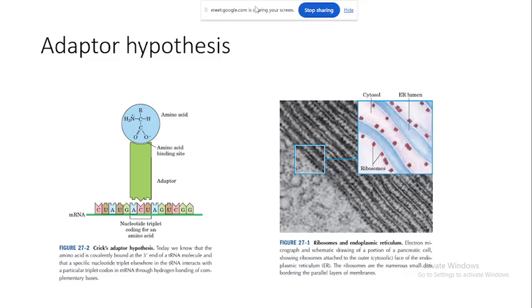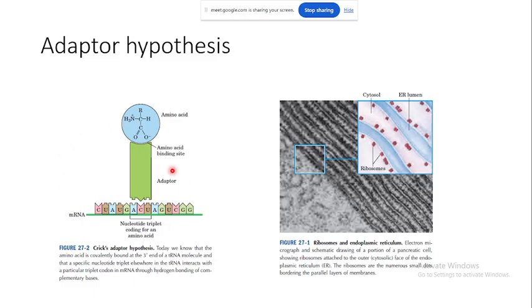At that time the amino acids were known, and it was known that protein is made up of a chain of amino acids, and that proteins are made from RNA. But who is the mediator between the mature messenger RNA and amino acids? That was not known.